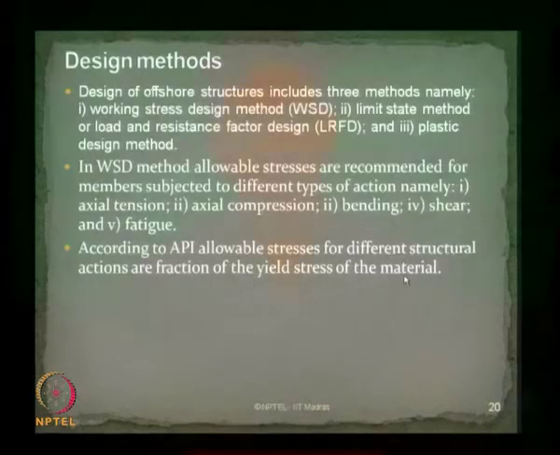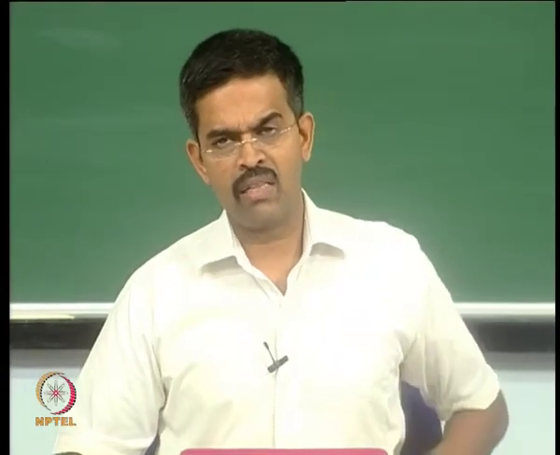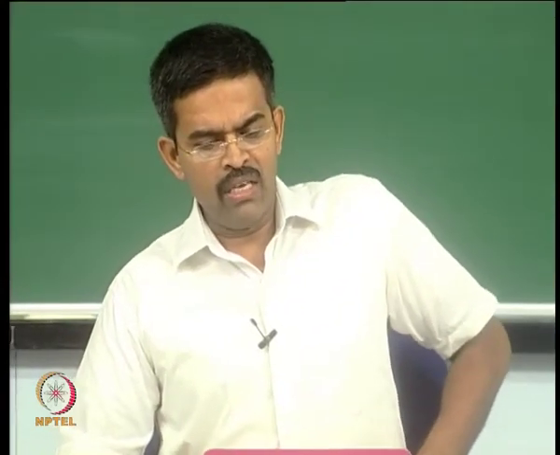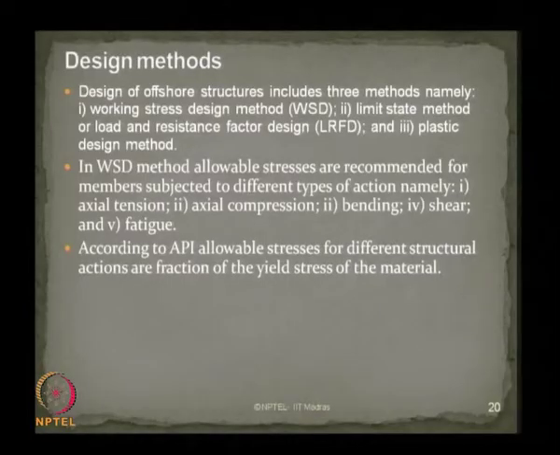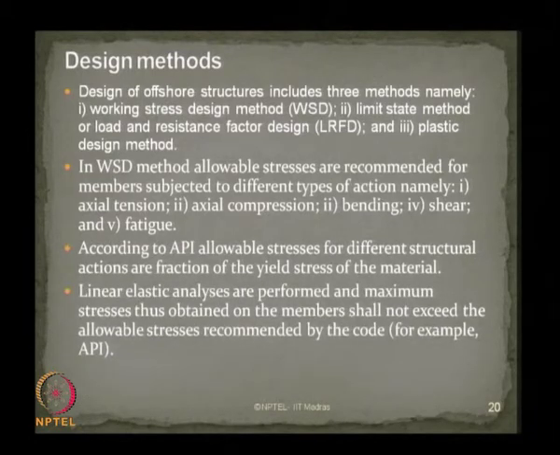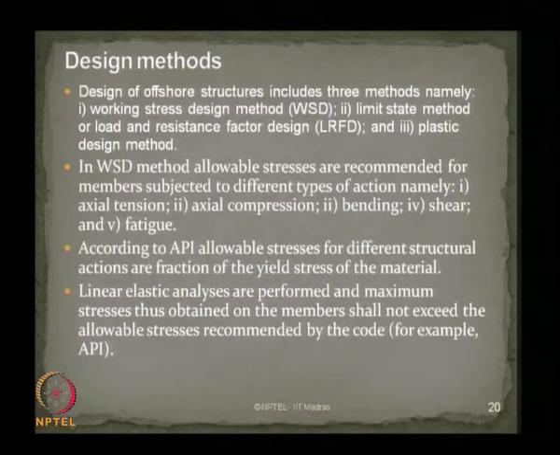For example, if you take Fy as the yield strength of the material, then for different structural actions the acceptable allowable stress is nothing but a fraction of the yield stress. It is not the same as the yield stress. Linear elastic analysis is also generally performed, and the maximum stresses thus obtained on the members shall not exceed the allowable stresses recommended by the code, for example API.